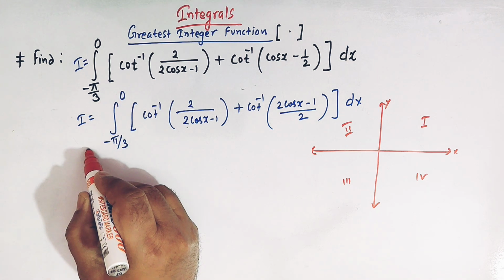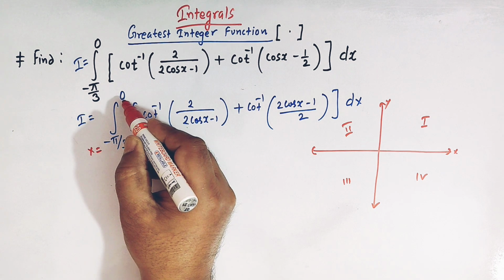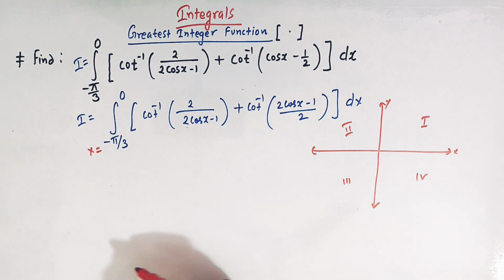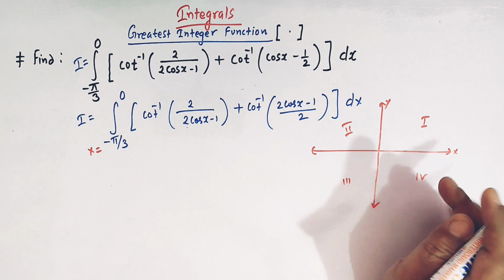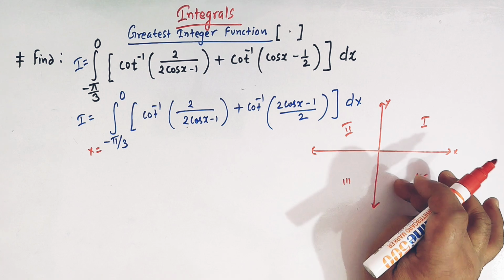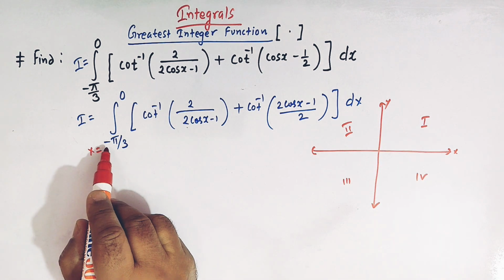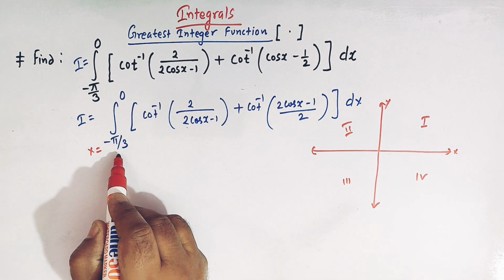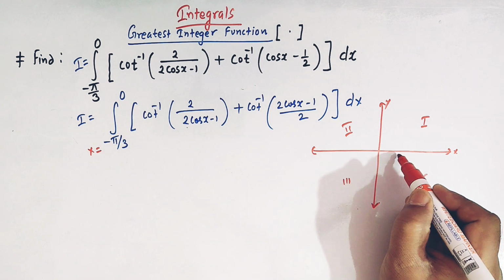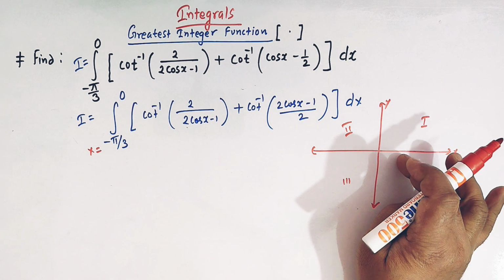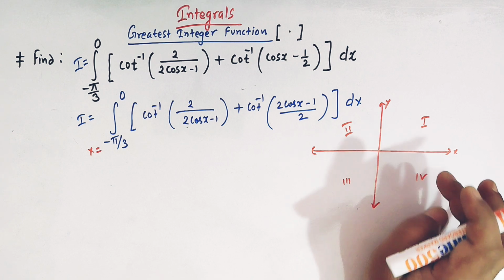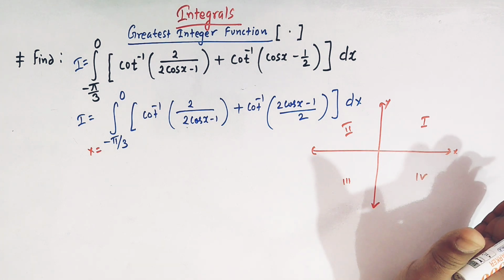The limits vary from minus pi by 3 to 0, which indicates that we are in the fourth quadrant. Whenever we measure the angle in the clockwise direction, we take it as negative.